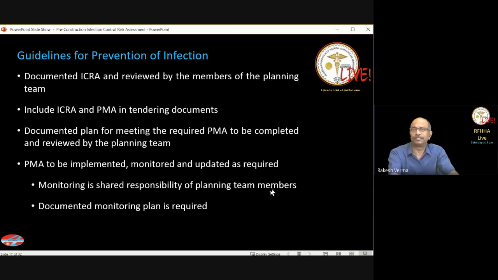Similarly, the preventive measures analysis has to be documented. Otherwise, you will have no reference point when you start to monitor it for day-to-day infection control measures.